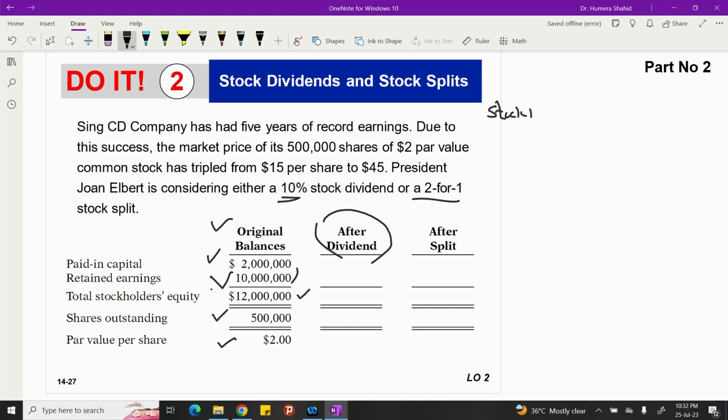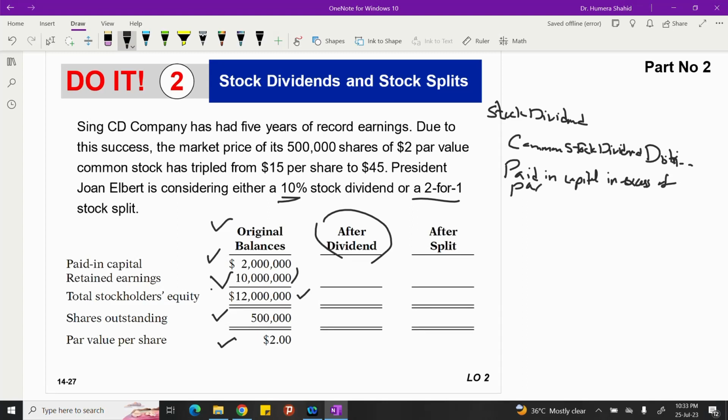Stock dividend gets debited, common stock dividend distributable gets credited, and paid-in capital in excess of par common stock.